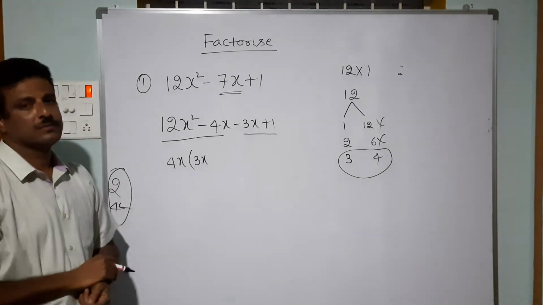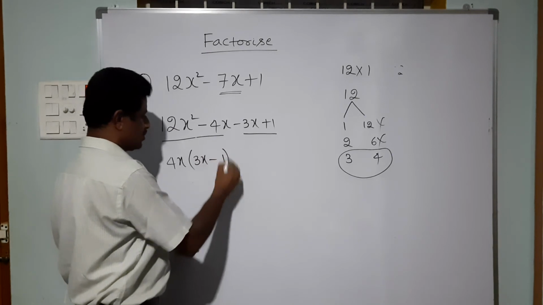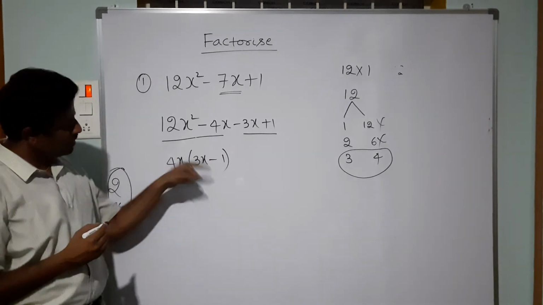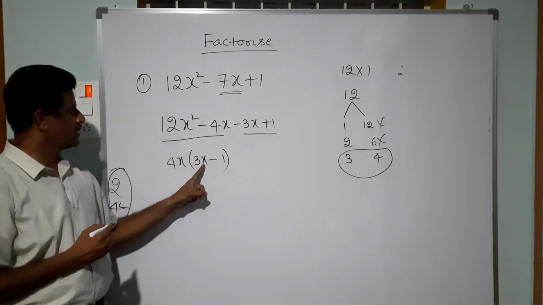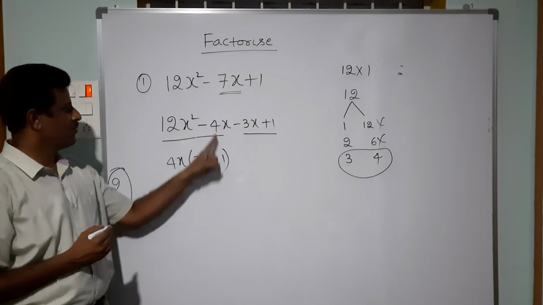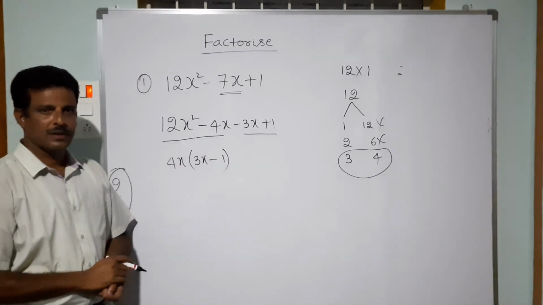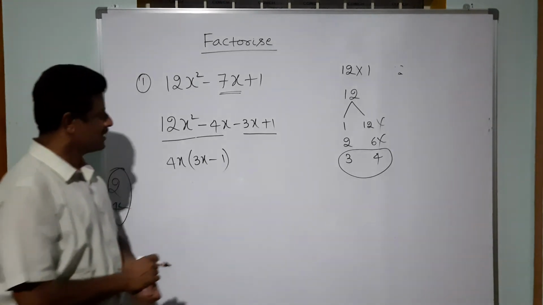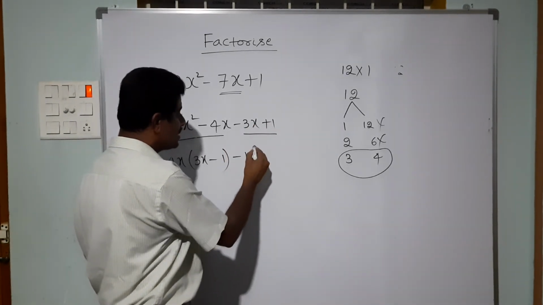These many rules are there, take care. 4x. Next here, -1. Next you multiply this and the same result comes. 4 3s are 12, x into x is x square, plus into minus is minus, 4 1s are 4, 1 times x is 4x. Did you understand? Okay, next these 2 terms, common is what? -1 is common.